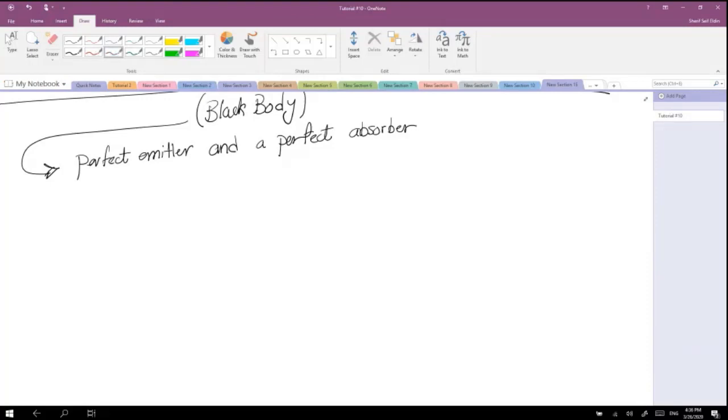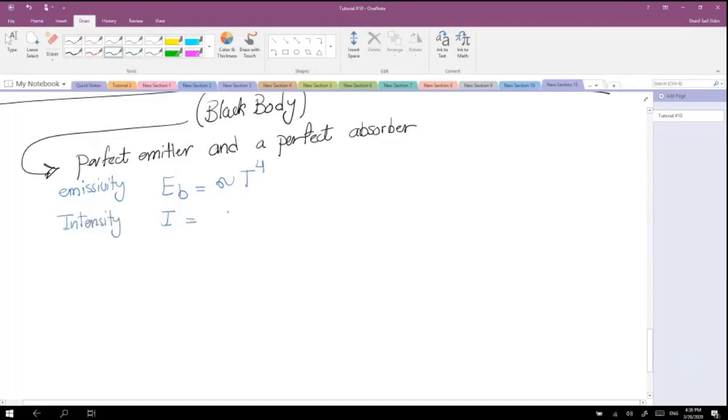So again, perfect emitter and perfect absorber, and the emissive power of any black body is going to be sigma multiplied by T to the power 4. So this is the emissive power, and this is the intensity.